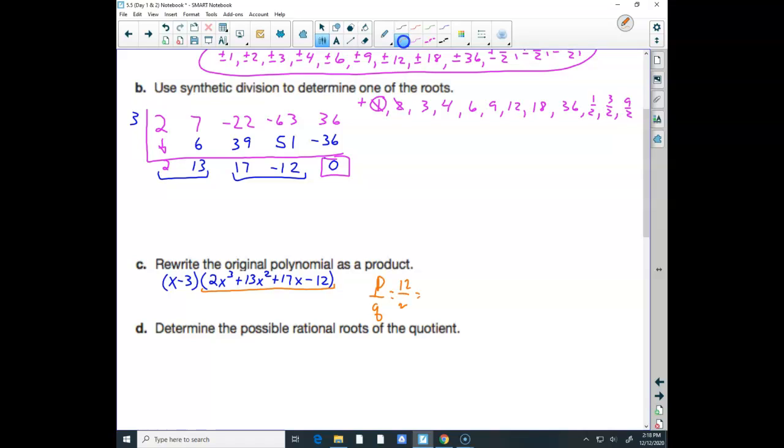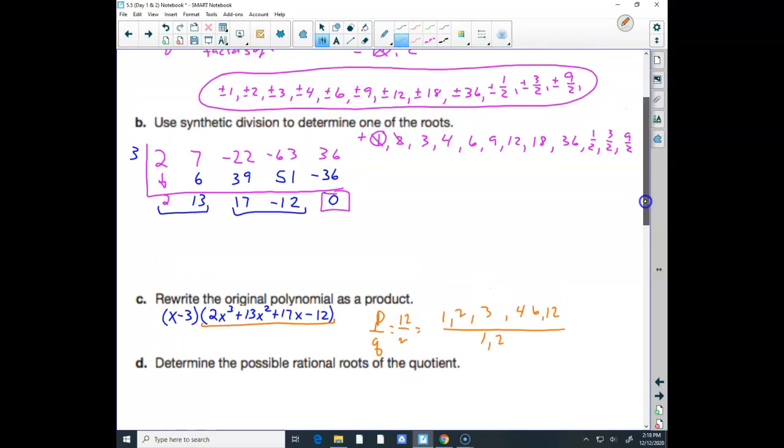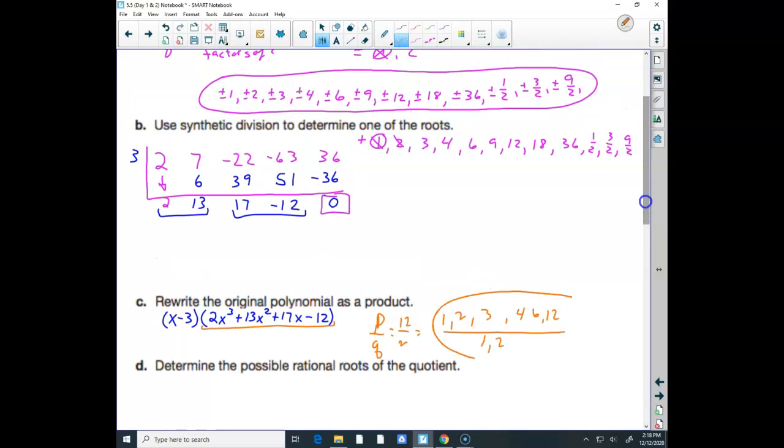So this is going to be 1, 12, 2, 6, 3, and 4 over 1 times 2. Okay? So basically what it's doing is if I look at my new P's and Q's, I'm really shortening that original list I had.